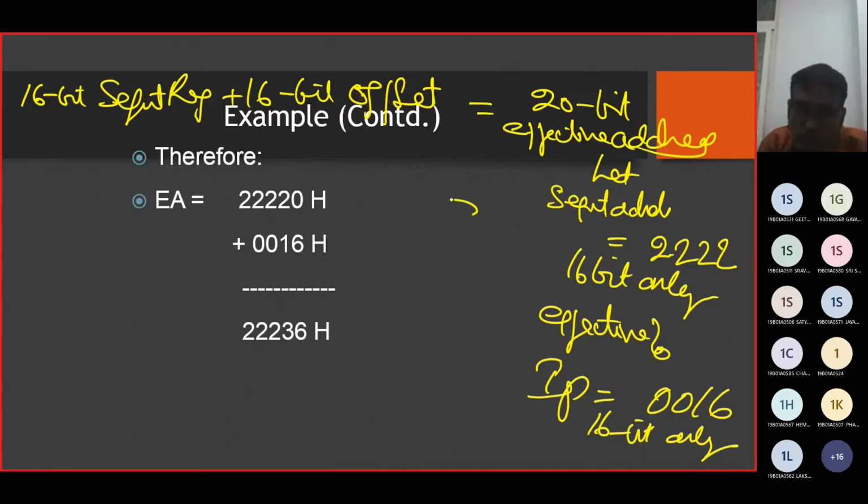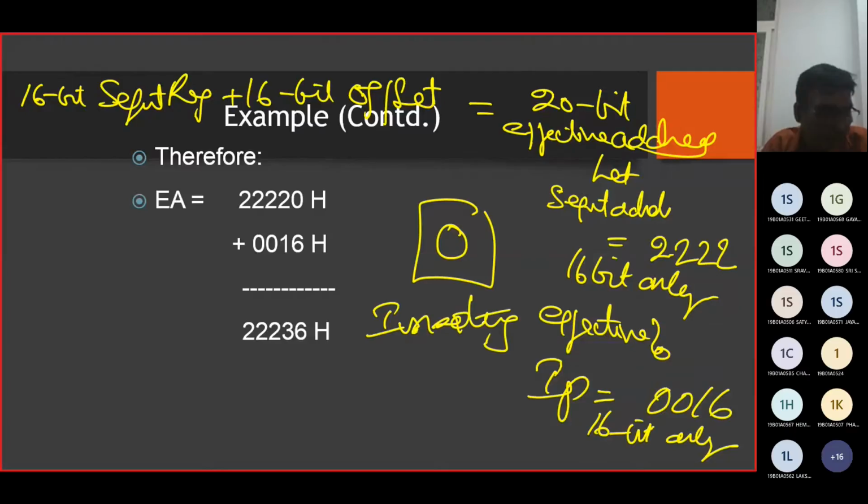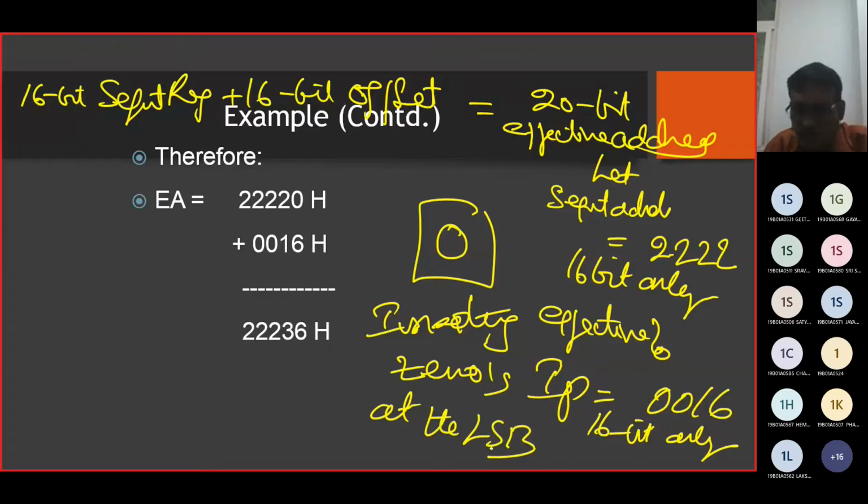The possibility, and this is the most important thing, is inserting zeros at the least significant bits.